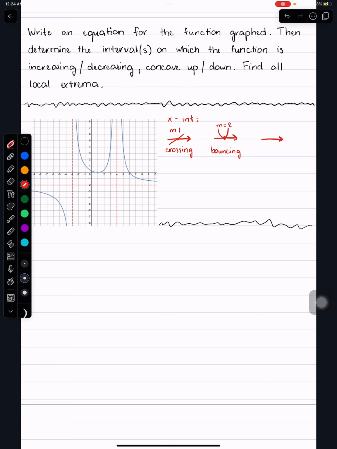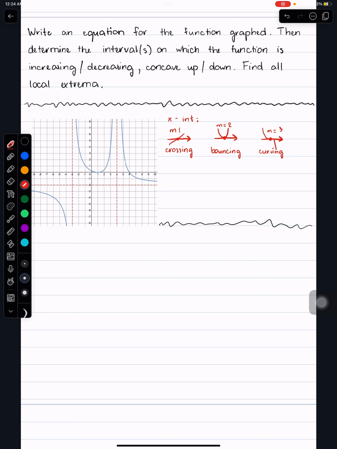And the third case is when we have it crossing but with a curve. So it's going to go down, flatten, and then continue to go down. At this x-intercept, it has a multiplicity of 3. And usually I put the word curving, because it's crossing with a curve, not a straight line.